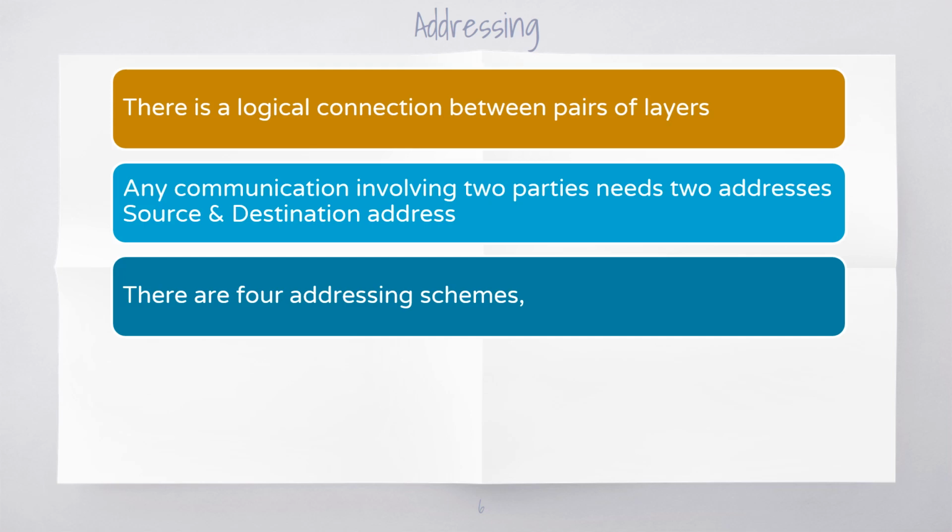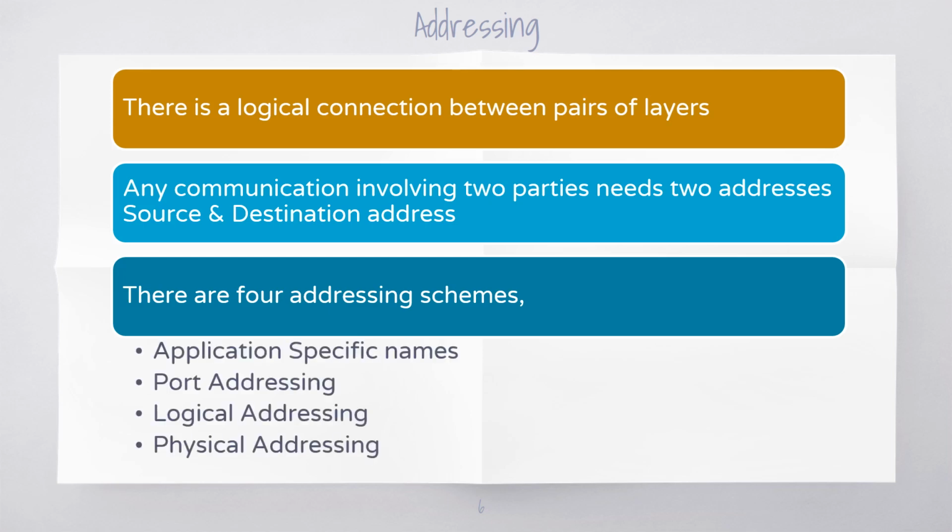Apart from that, for each individual layer there will be addressing schemes. So there are 4 addressing schemes. At the application layer, based on the application that we are using, we may have application specific names. For example, if you take email services, you will be given an email address which is very specific to a domain.